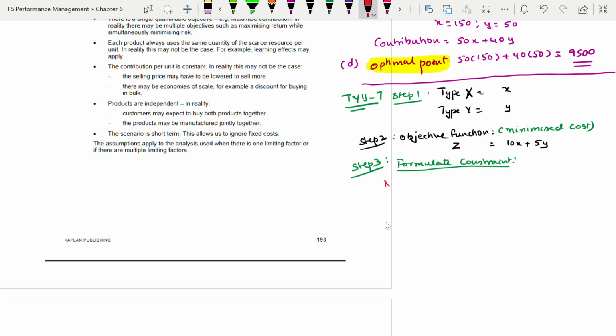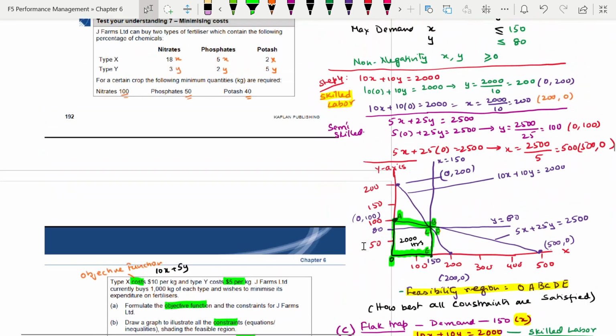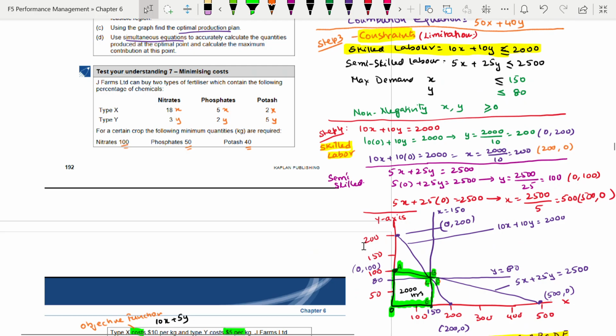Okay, first is nitrates. How much is their nitrates? They have mentioned here 18x plus 3y. The following percentage of chemicals is given in percentage, 18%. 18% means 0.18.